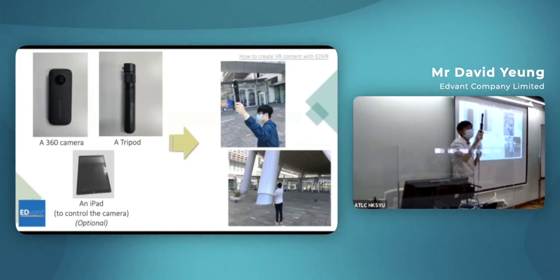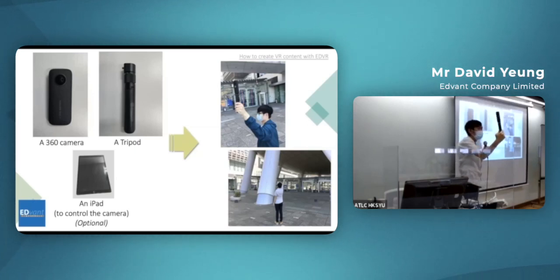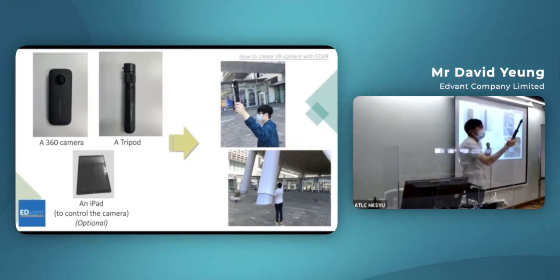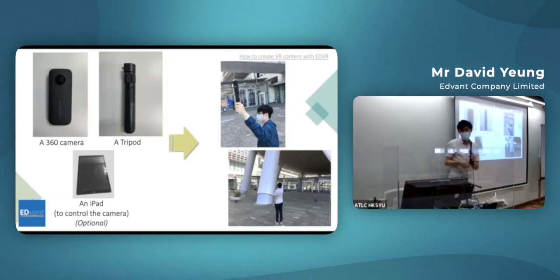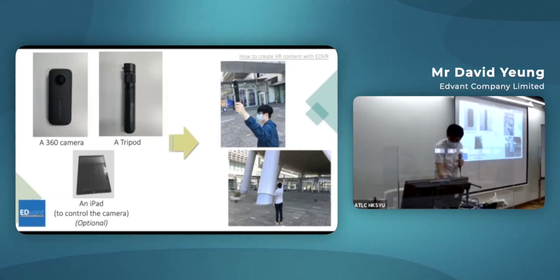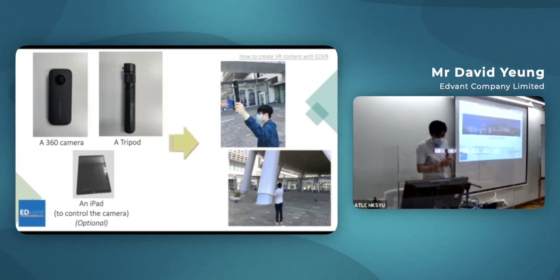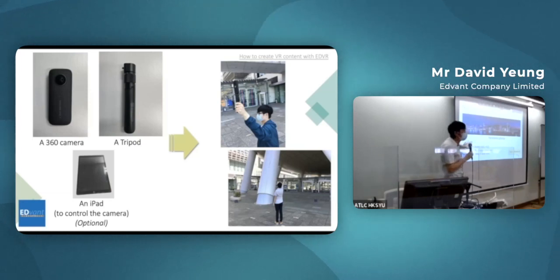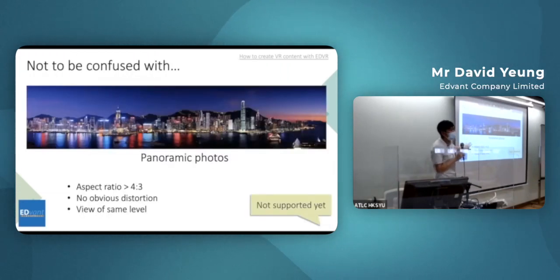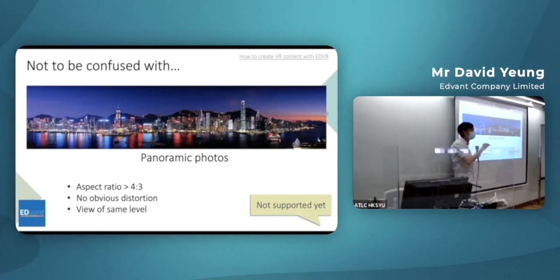To explain more, this 360 camera has two lenses, back and front, both are fisheye lenses, so it can capture all angles at once. And then I would like to point out that this is not a panorama. 360 photos are not panoramas.